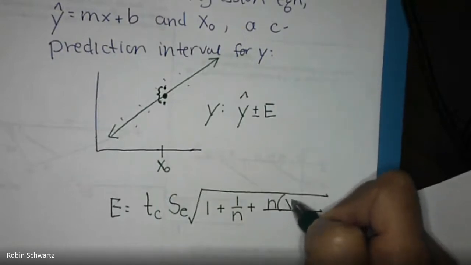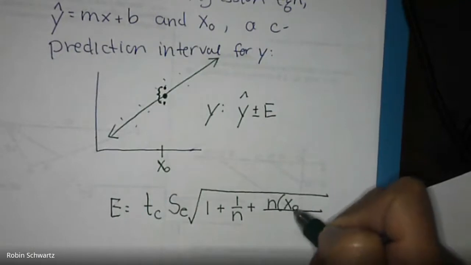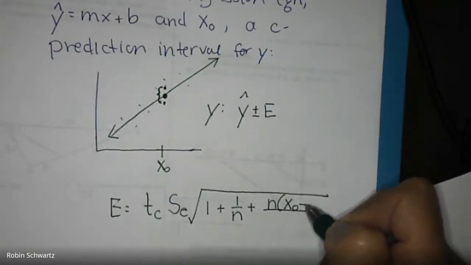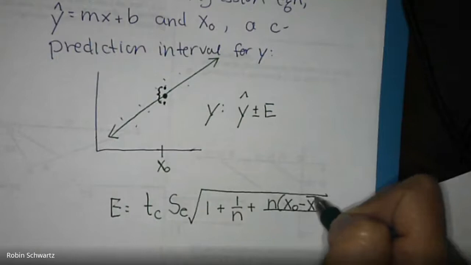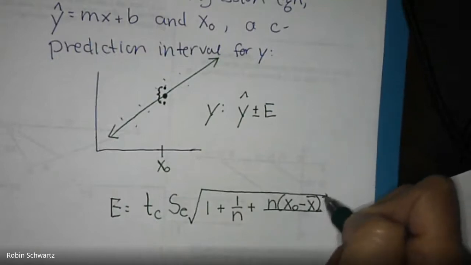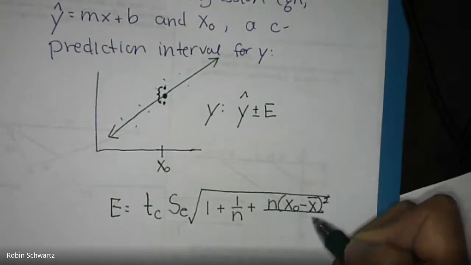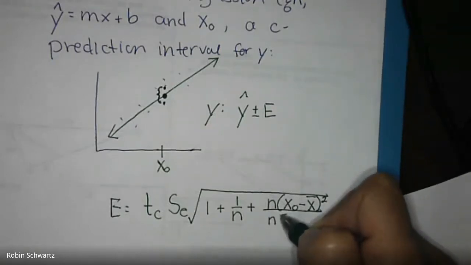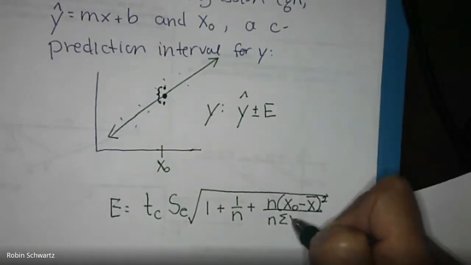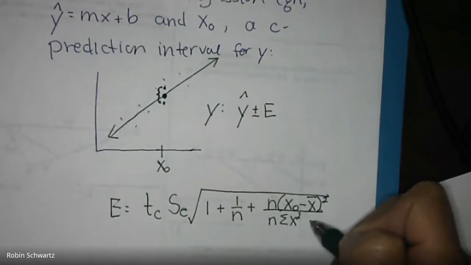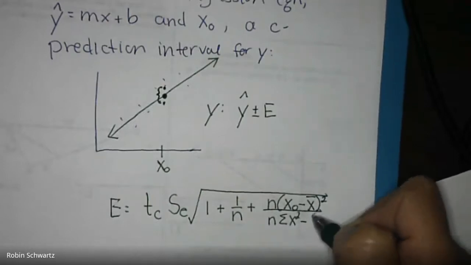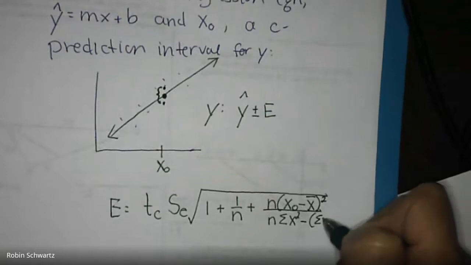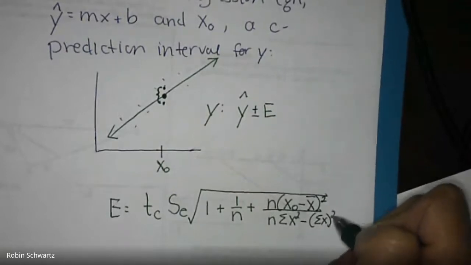times the x0 given value minus the average of all of your x's, squared, divided by n times the sum of the x values squared minus the sum of the x's, squared.